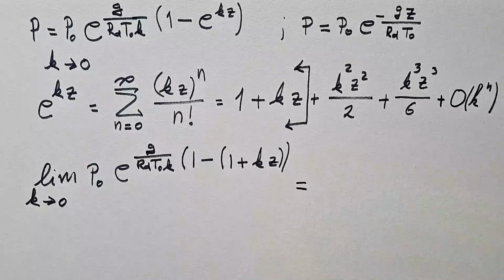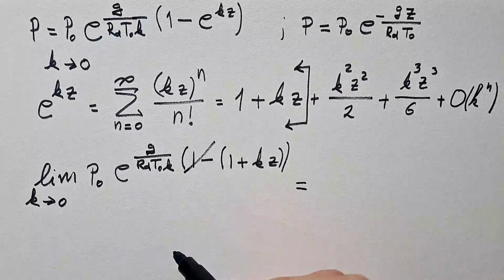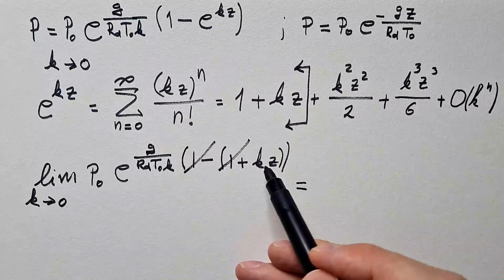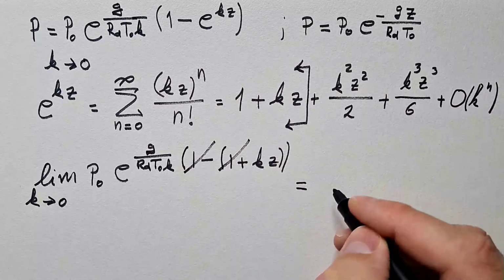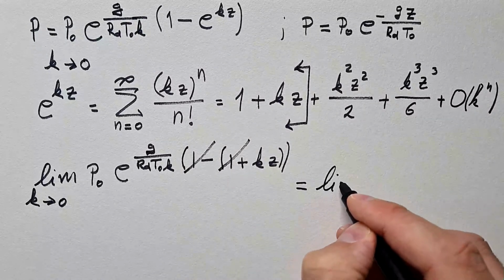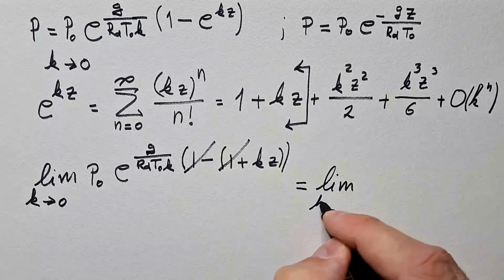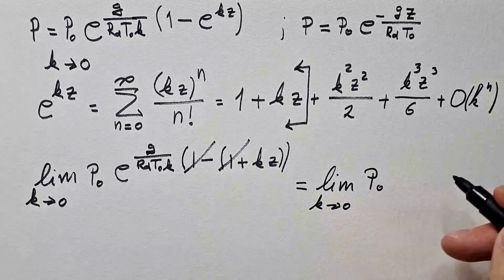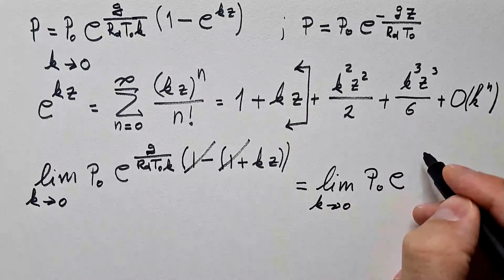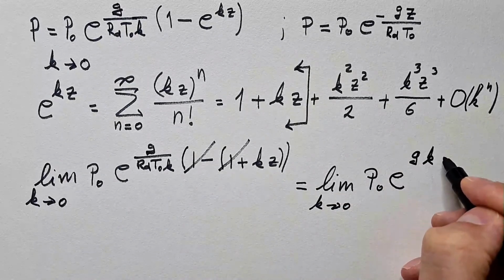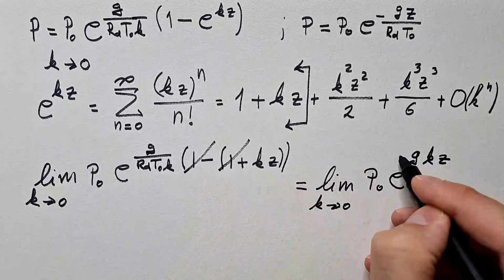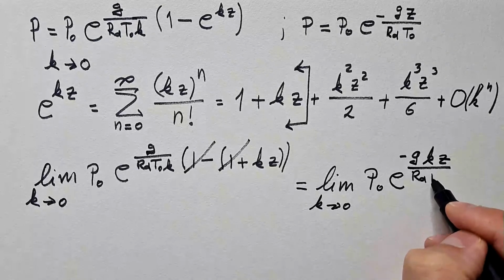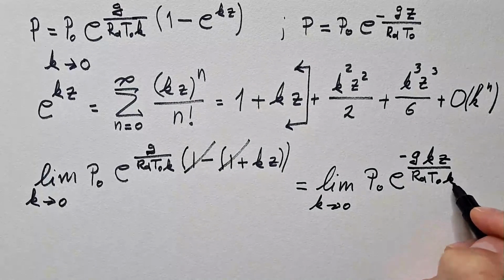And what is this equal to? Well, notice that 1 and minus 1 will cancel, and this minus will go into the bracket, and I will get that this is a limit when k goes to 0 of p naught e to the g kz, and this minus will go in front, over R_d T naught k.